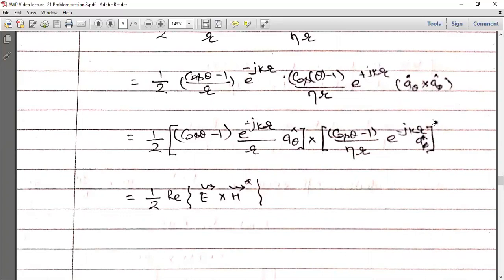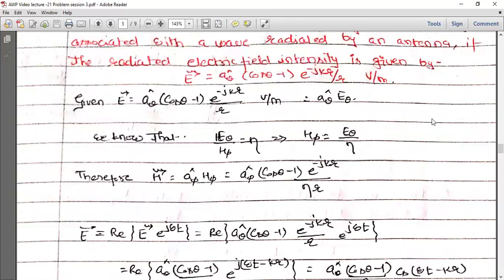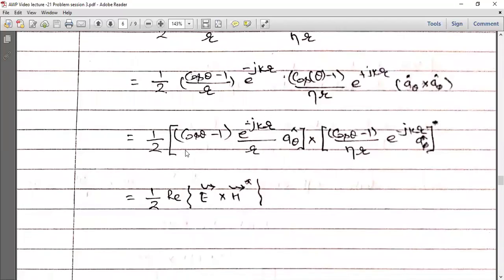And previously we had already verified here that A_theta cap cos theta minus 1 e to the power minus j kr upon r is the electric field intensity phasor. And similarly, A_phi cap cos theta minus 1 e to the power minus j kr upon eta r is actually the magnetic field intensity phasor. So this quantity is the electric field intensity phasor and this quantity is the magnetic field intensity phasor complex conjugate.